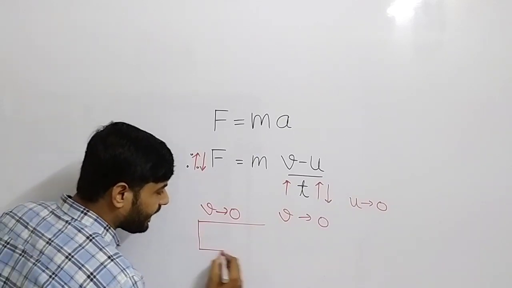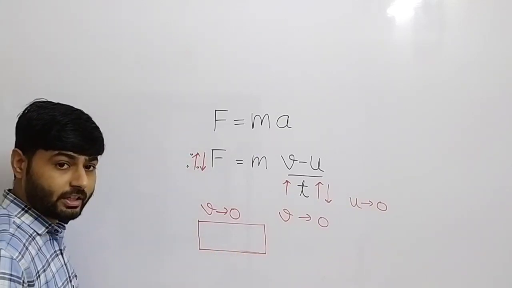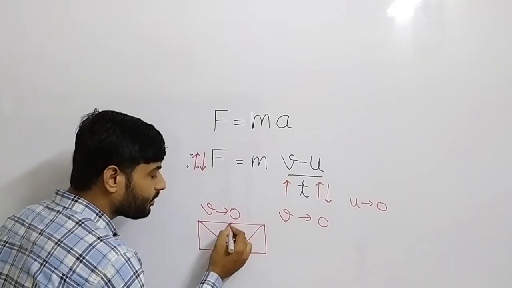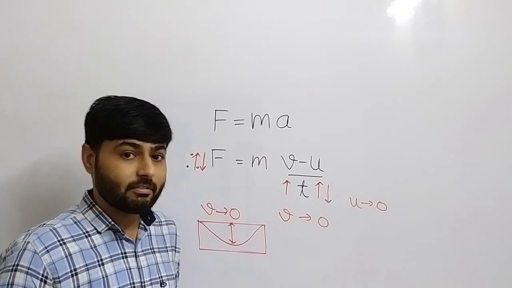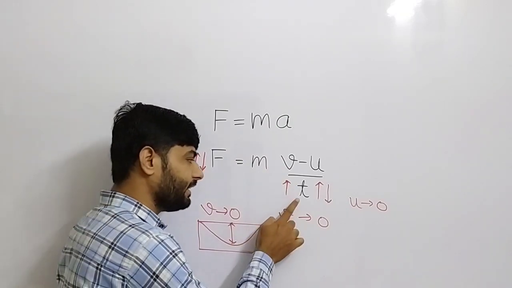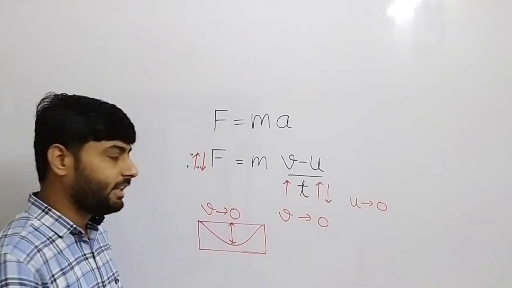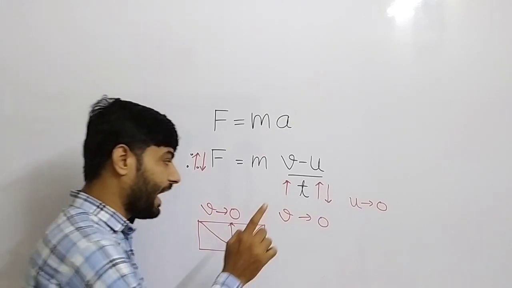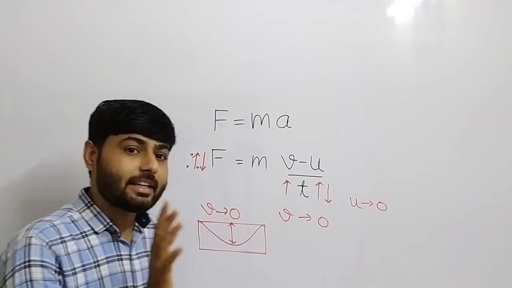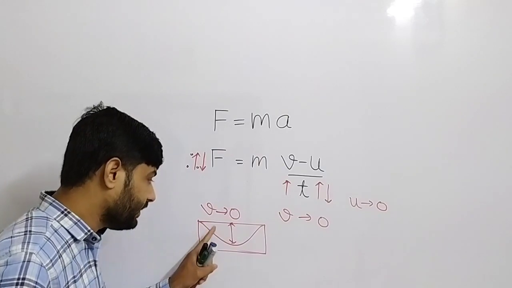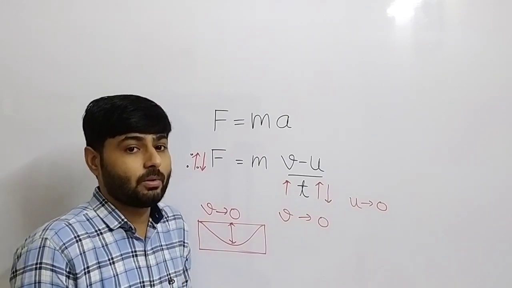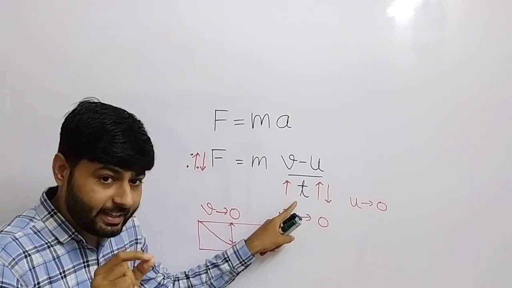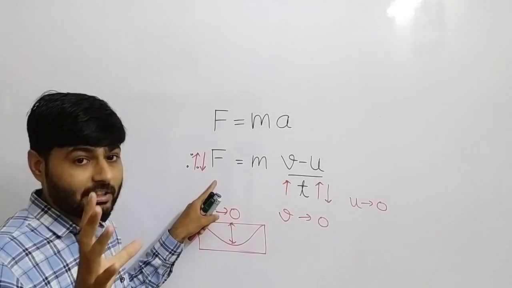But if he lands on a cushioned bed, his time of landing will be more. And by this formula we can see that if time is increased, force will decrease. If this velocity suddenly changes to 0, the time will be very less, and if time is very less, this force will be very large.